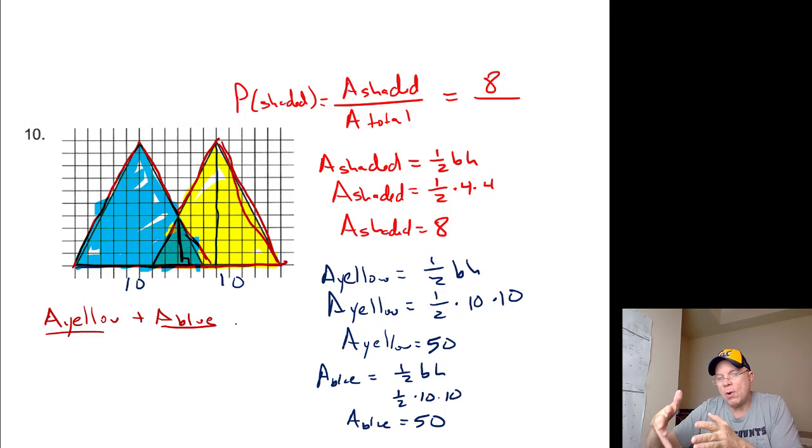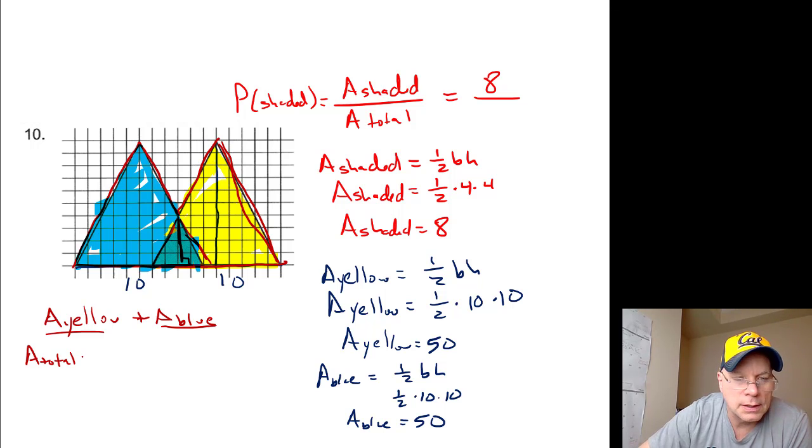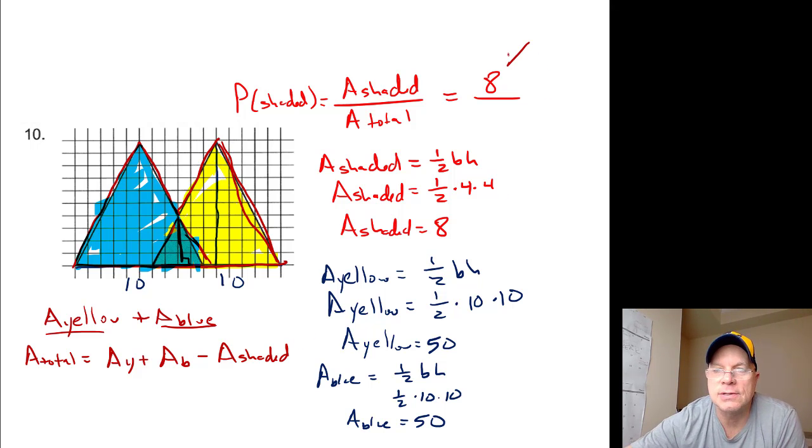It's supposed to be there once, but it's just not supposed to be there twice. If we just add the area of the two triangles, we've double counted it. So the area total equals area yellow plus area blue minus the area shaded, which we calculated before was 8.